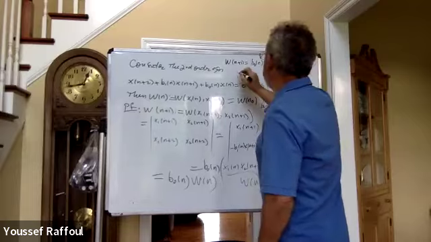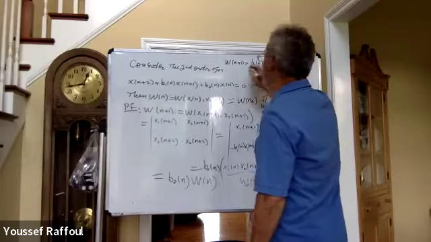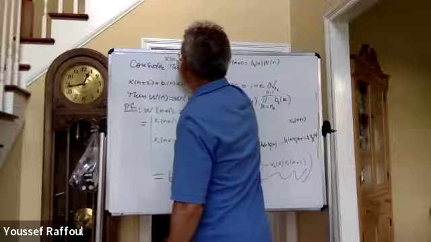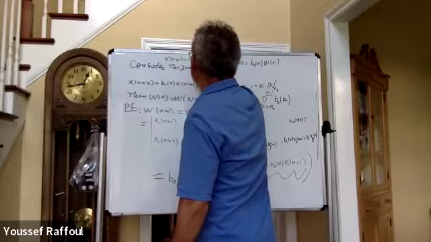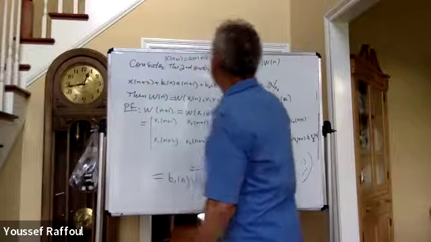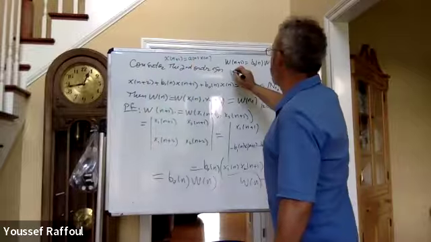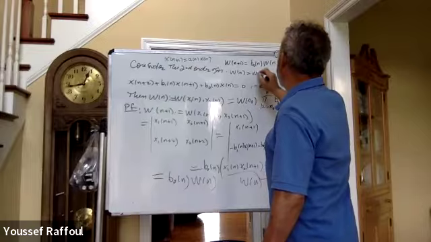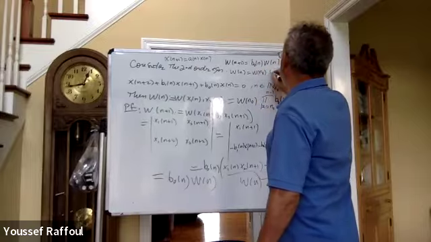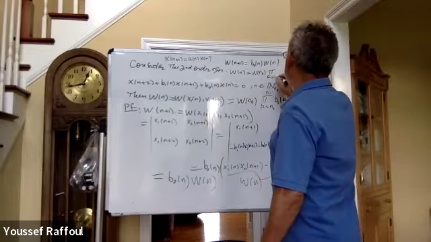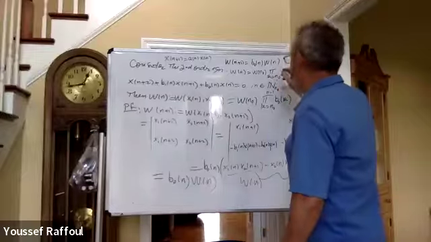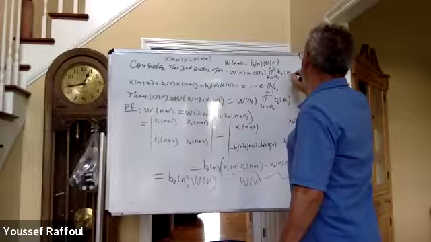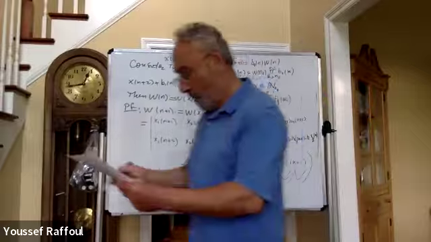And this has a solution, what? Remember, this is like x of n plus 1 equal to a of n times x of n, isn't it? So this has a solution of W of n equal to W of n naught times the product for k equal n naught to n minus 1 of b naught of k. Okay?